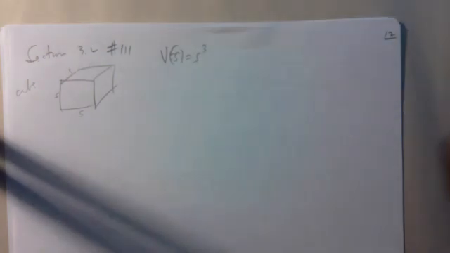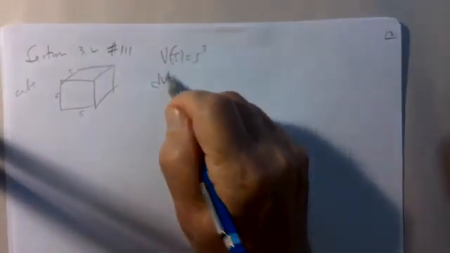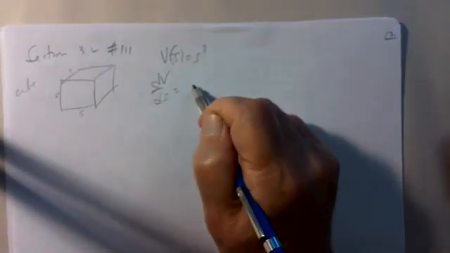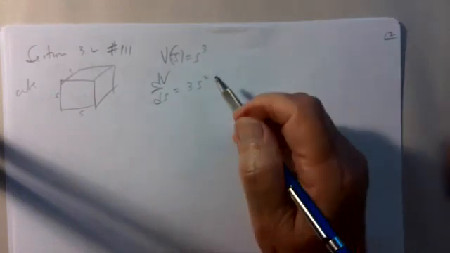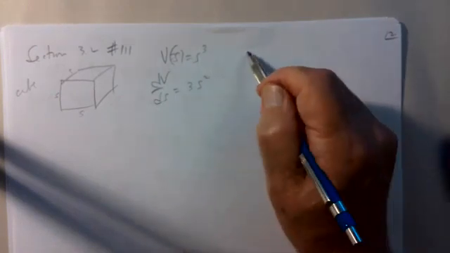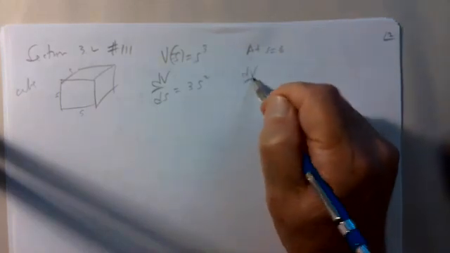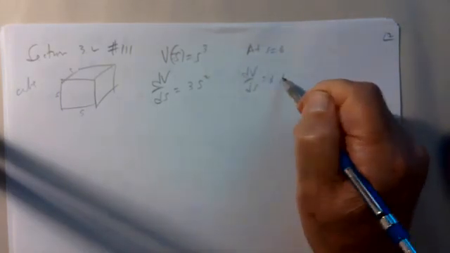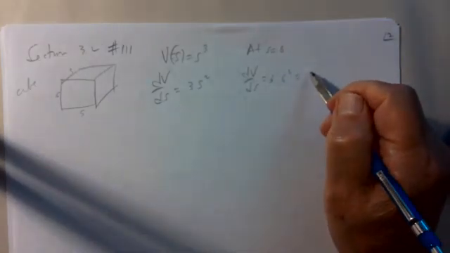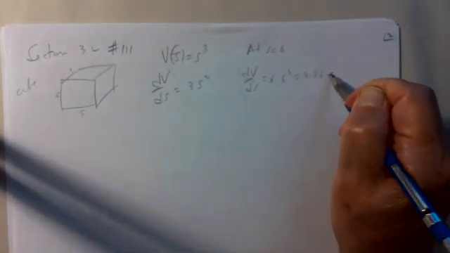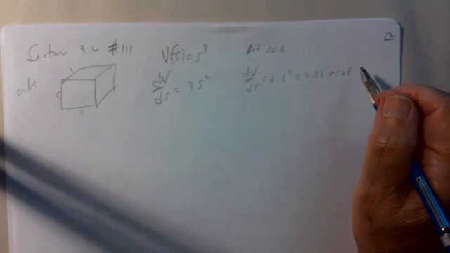So dV/dS is just 3S squared. So at S equal to 6, dV/dS is 3 times 6 squared, or 3 times 36, or 108.